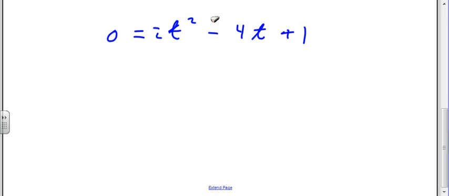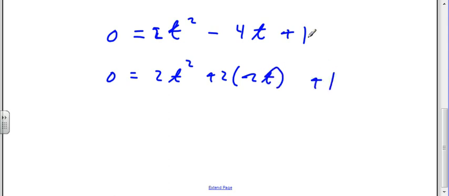I don't think that factors. So what do you think? Half quadratic formula? Okay, well, so we'll use half quadratic formula. Say 0 is equal to 2t squared plus 2 times minus 2t plus 1.